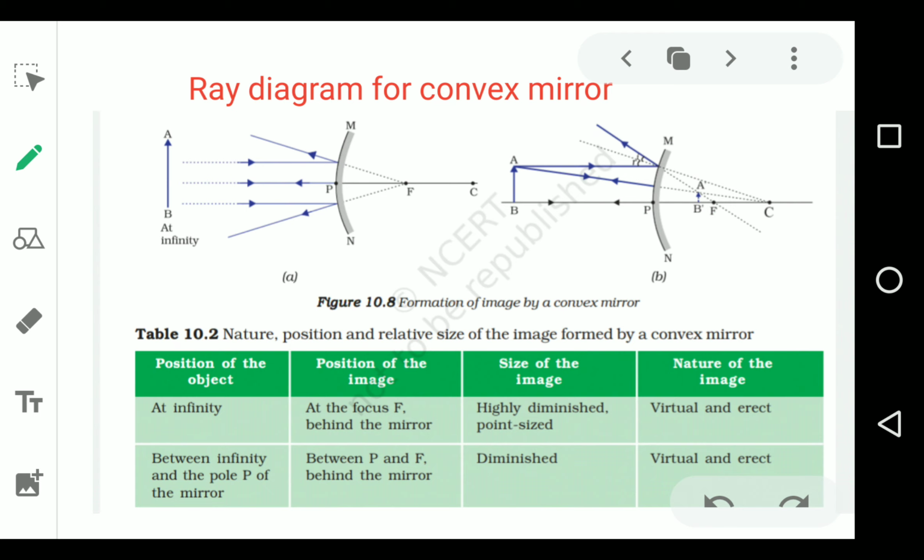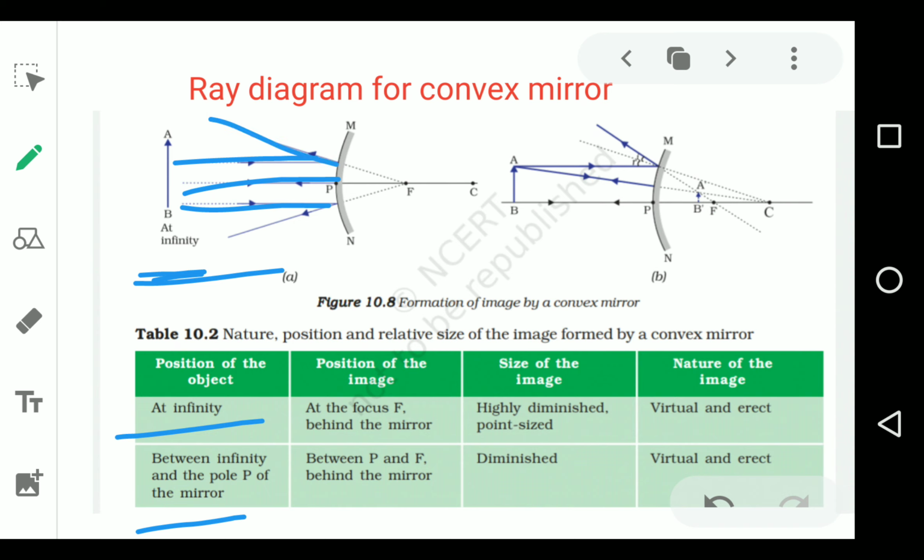So this one is very easy, it has only two positions of the object. One is at infinity, another one is anywhere between infinity and the pole. The first one shows the object at infinity, the parallel light rays are coming parallel to the principal axis, and the convex mirror is diverging in nature, so the reflected light rays go away from each other, but they are supposed to meet behind the mirror.